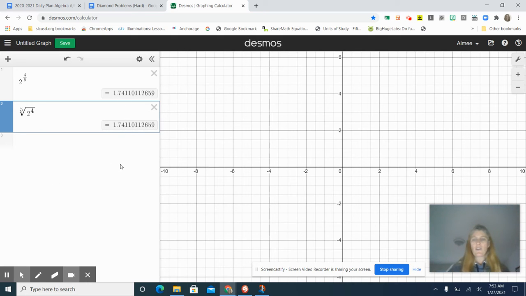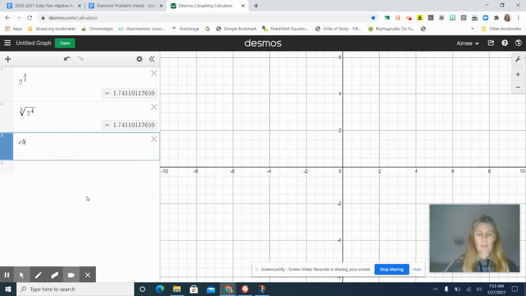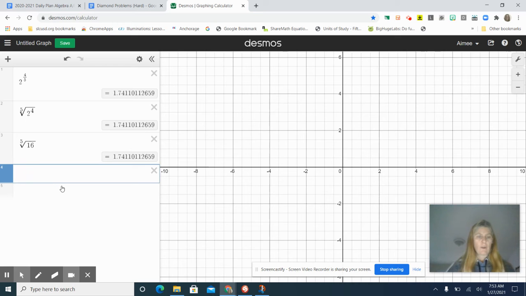So once again, see that those numbers are the same, so I know that's the equivalent. I can also do the 5th root of 2 to the 4th power, which is 2 times 2 times 2 times 2, which is that 16, and that's another equivalent. Now remember, we could also do 16 to the 1/5.